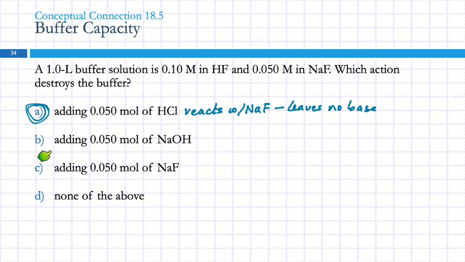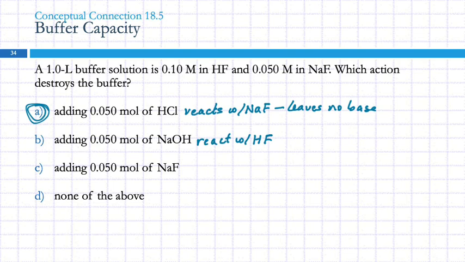What about here? Here we're adding hydroxide. Well, hydroxide ion would react with the acid, and that's the HF. So this is 0.1 molar in the acid, and we're adding 0.05 molar.